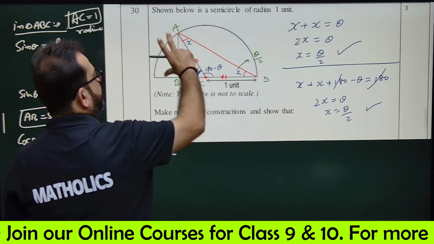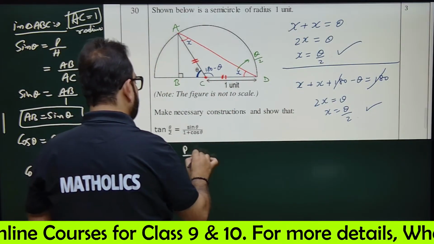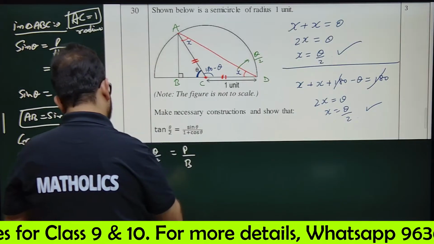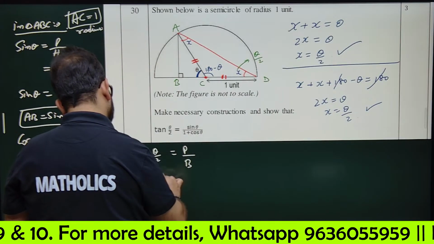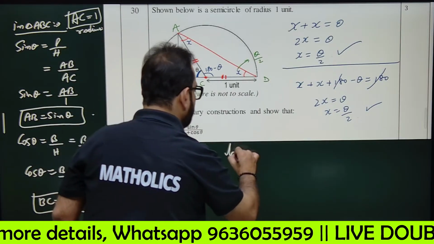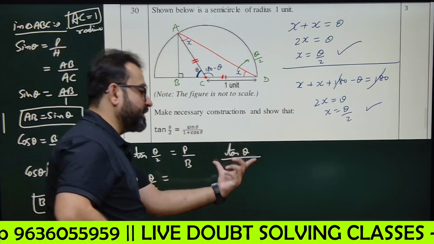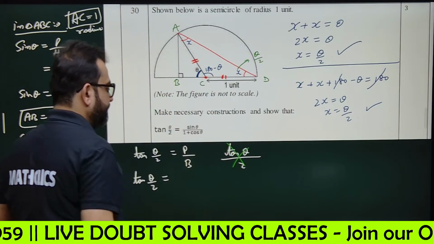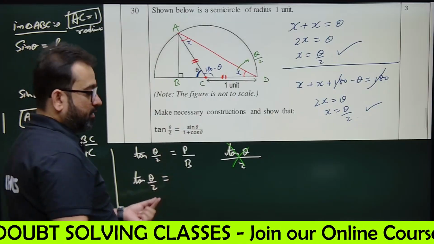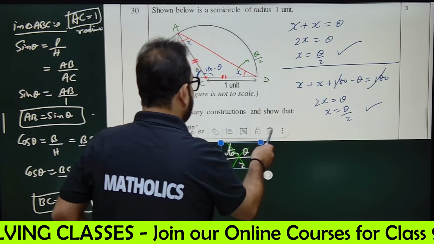So tan theta by 2 is perpendicular upon base. This is not tan theta whole upon 2. This is tan of theta by 2. Theta by 2 is the angle.